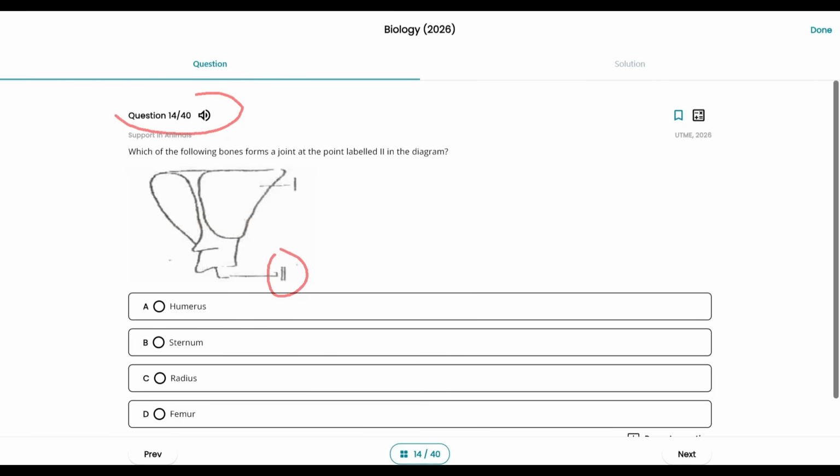Are you done? Have you attempted the question? All right. Let's look at the various options together. Option A, humerus. Option B, sternum. Option C, radius. Option D, femur.